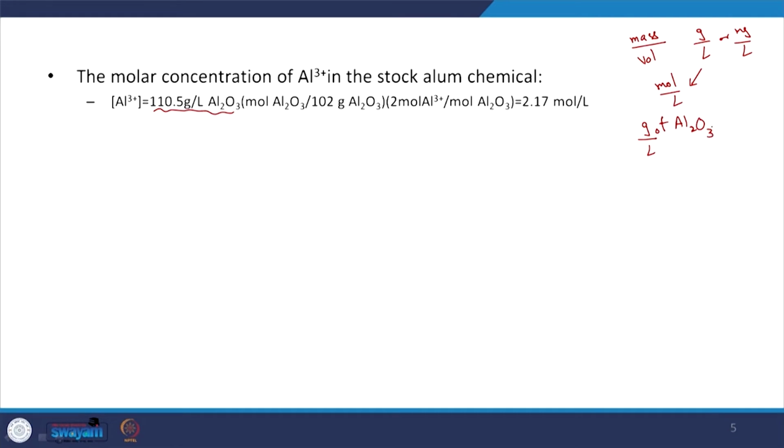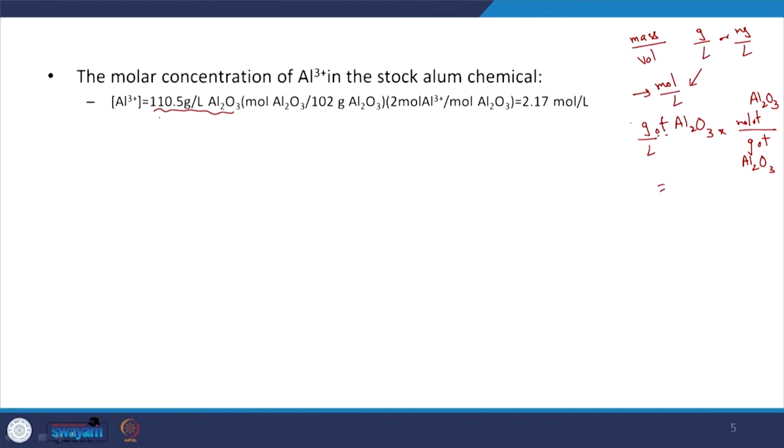If I want to convert it into moles per liter of Al2O3, I need moles of Al2O3 in the numerator, and in the denominator something that will cancel out grams of Al2O3. I have a relationship that gives me the moles per particular mass of Al2O3, that is the inverse of molecular weight. So, that is how you can go from mass units to molar units.